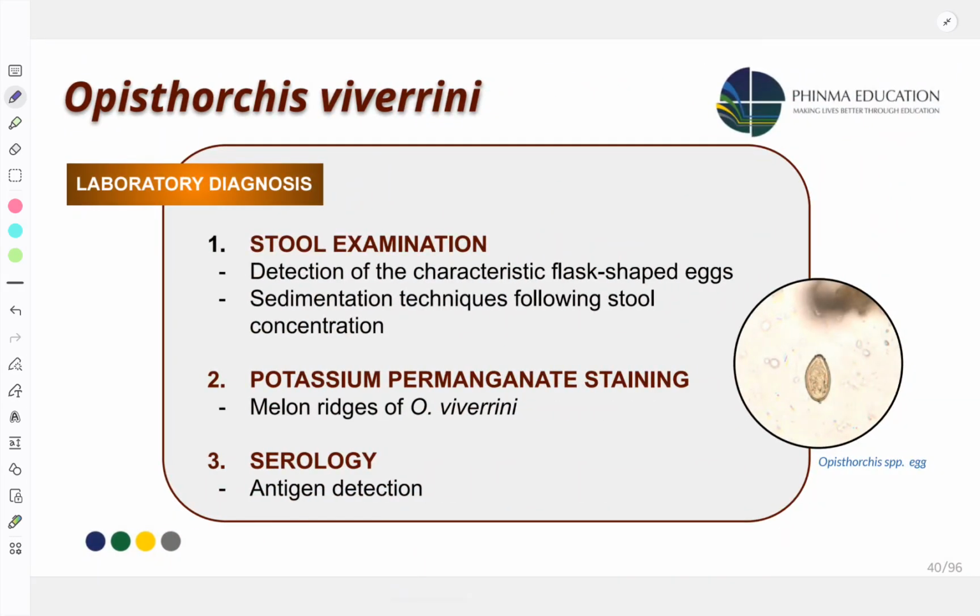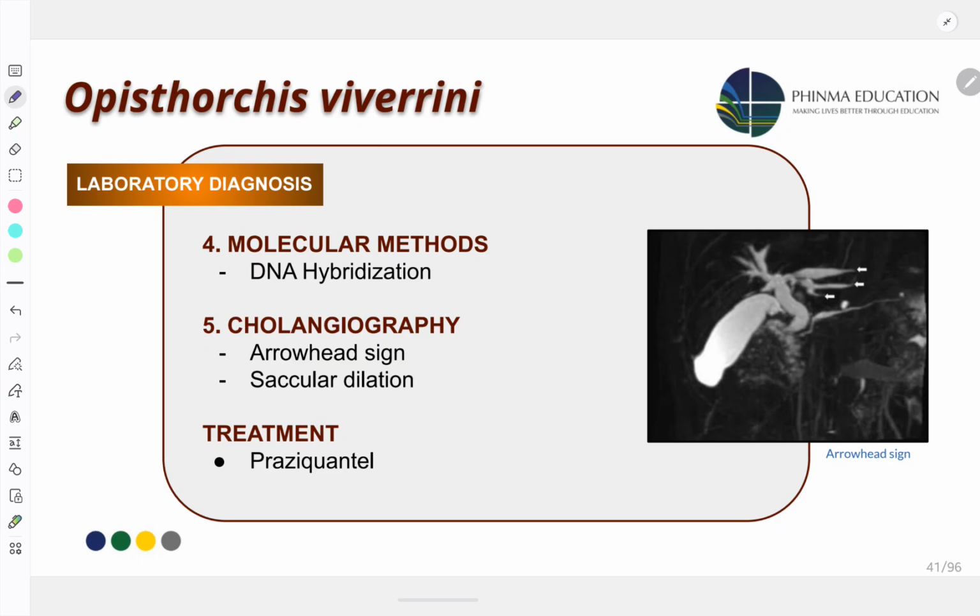For diagnosis, it is the same as with Clonorchis. Stool exam again, with detection of flask-shaped eggs. Remember, they cannot be distinguished, but you can use permanganate stain to demonstrate the melon ridges of the Opisthorchis egg. You could use antigen detection for laboratory diagnosis. For molecular testing, they use DNA hybridization instead of PCR.